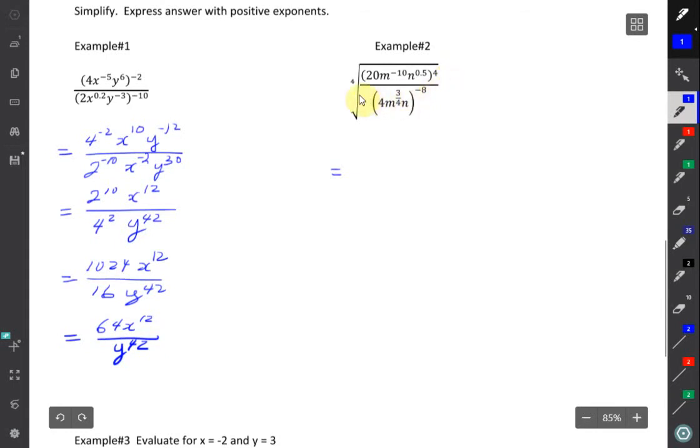And so when you have a fourth root like this or a fifth root, we can put a bracket and put the exponent quarter here.